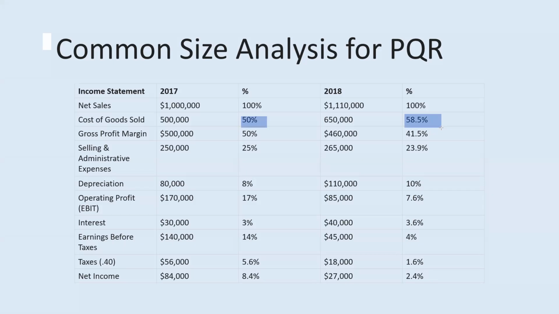We have to interpret what the reasons for this are. Because of this change, even though the gross profit margin in 2017 is 50%, it has been reduced to 41.5%. So the major reason is what? The major reason is the increase in cost of sales. So you have to reason out and interpret what the reasons for this are.